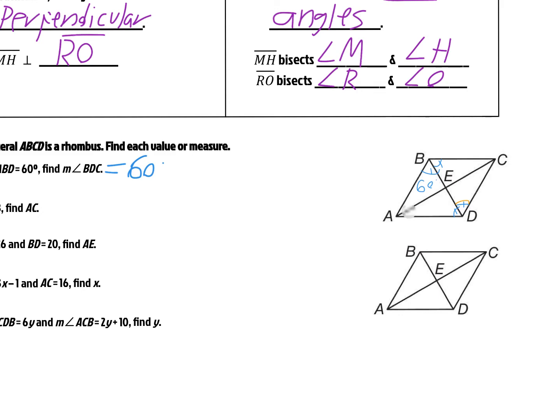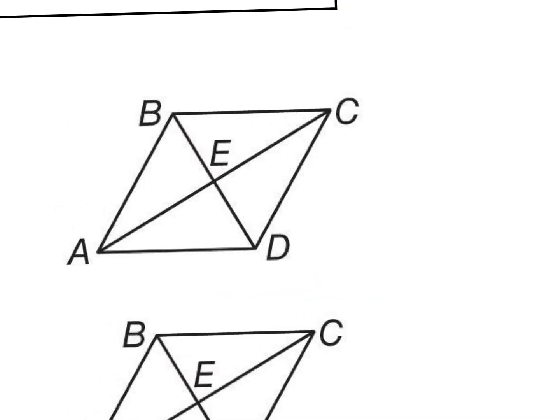Number 2. If AE is 8, what is the measure of AC? In a parallelogram, our diagonals are bisected by each other such that AC is equal to 2 times AE.